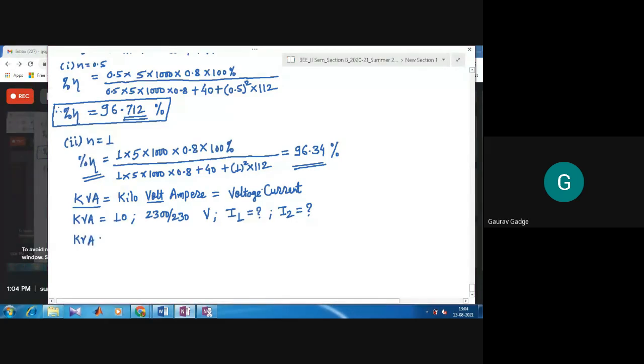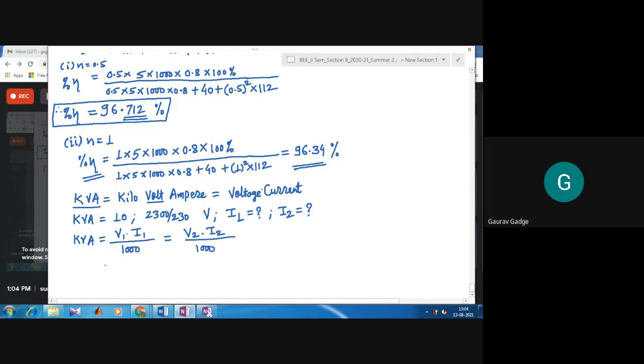In yesterday's class I told you the formula: KVA is equal to V1 into I1 divided by 1000, equal to V2 into I2 divided by 1000.